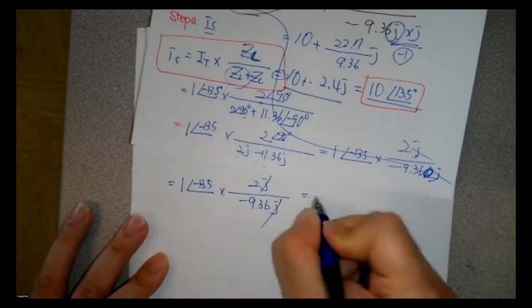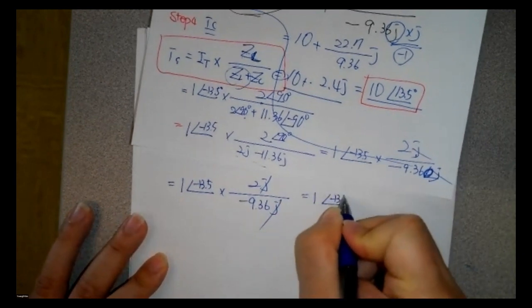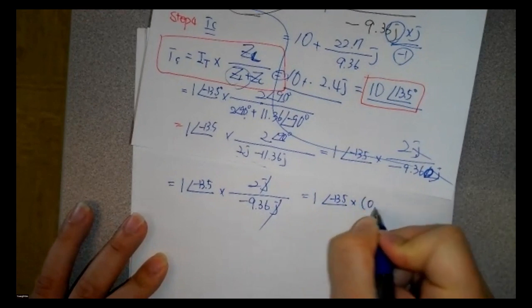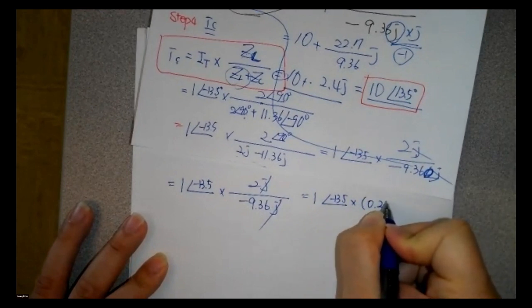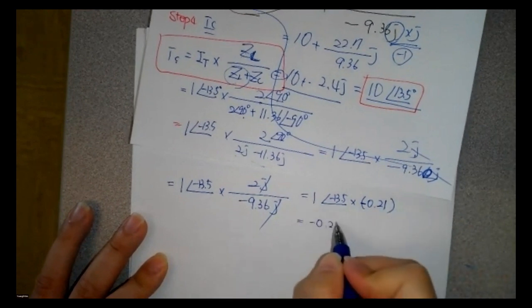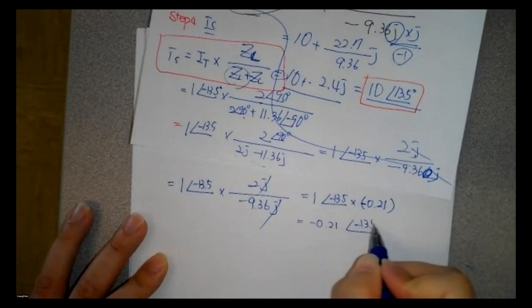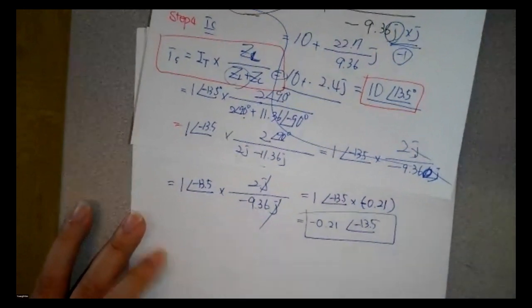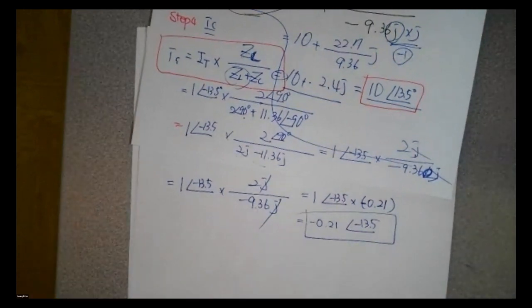Okay, 1 at minus 13.5, 0.21. So minus 0.21 at 13.5. That is the answer. Okay, all right, any questions?